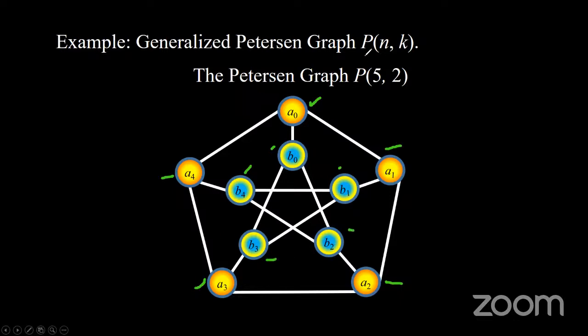Then for the 2, you count like this: from here you count 1, 2, then you put that edge there. From here you count again 1, 2, then you put that edge there. From here, 1, 2, you put that edge there.